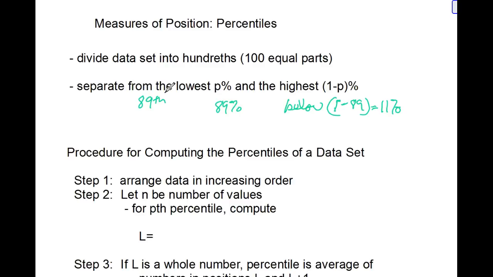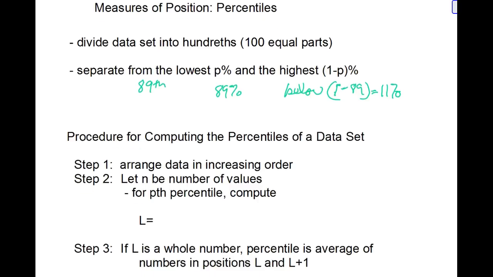And so, if you look at percentiles again, that adds up to a total of 100. And we're dividing the entire data up into 100 different little pieces. And so when we talk about the percentile, we're looking at how far above the rest they are.